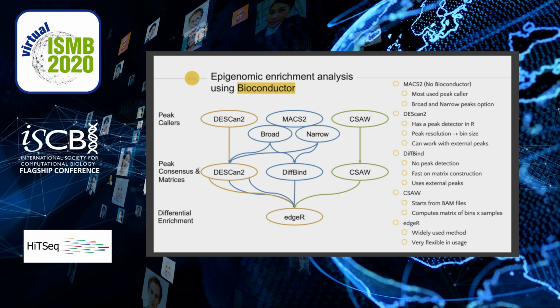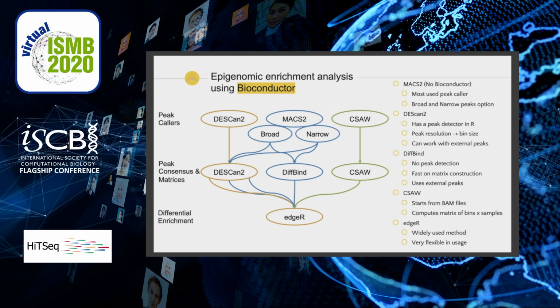And each cell of this matrix represents the number of reads for that specific peak inside the sample. The main difference between this software is that Scan2 and CISO have their own peak callers, while DiffBind needs to use external peaks from an external peak caller.